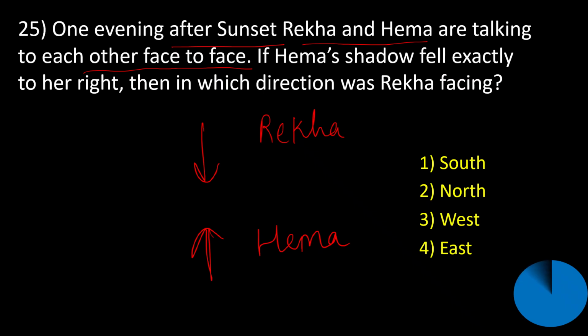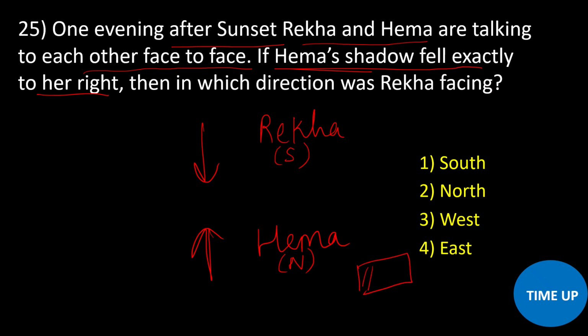If Hema's shadow fell exactly to her right, if this is south side and this is north side they are facing, suppose. If Hema's shadow is to her right, it means the shadow is on this side now.